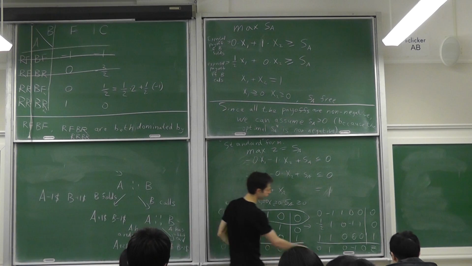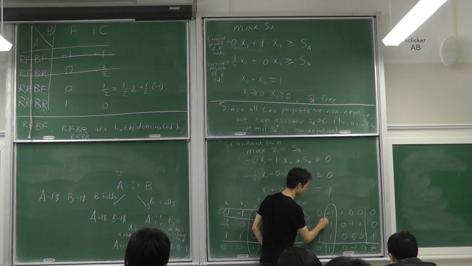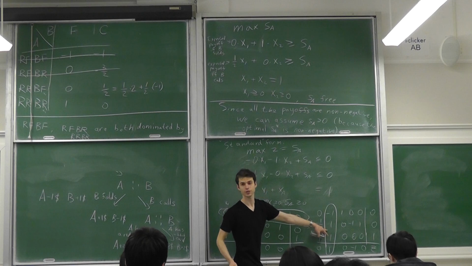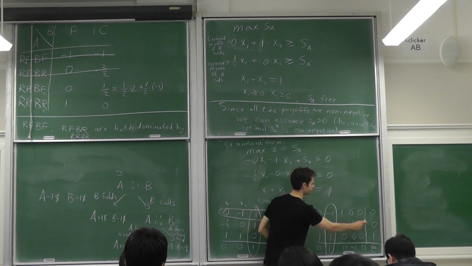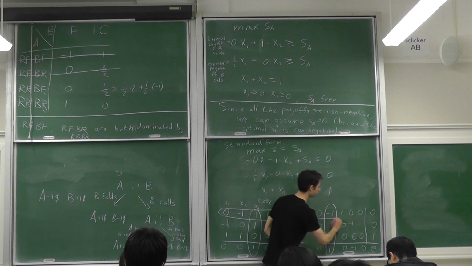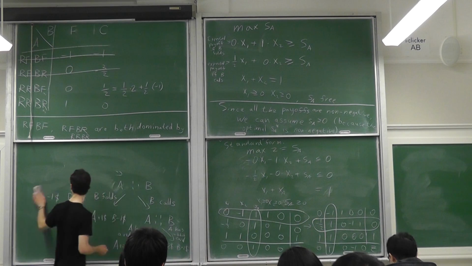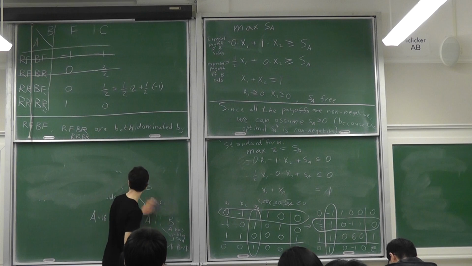So next iteration, I'll try to increase this variable, it's the only positive number over here. And once again it will be degenerate, because I see here I can increase it only up to 0. Smallest number on the right is 0. Sorry, smallest ratio, 0 over 1 is 0.